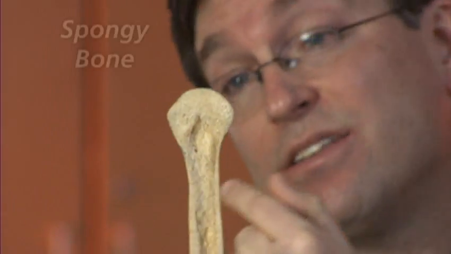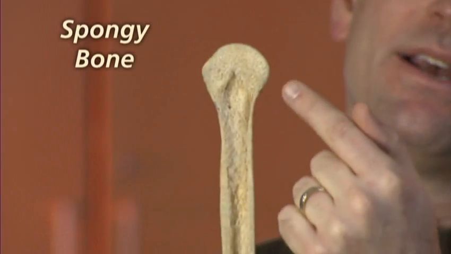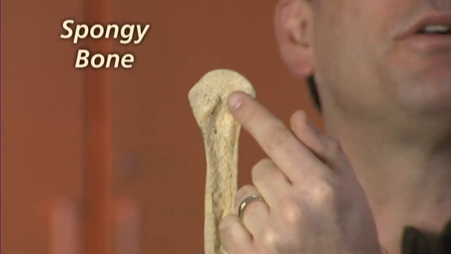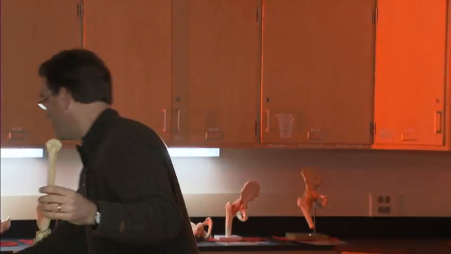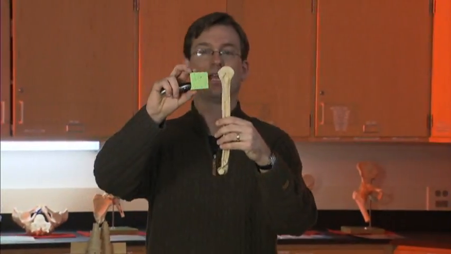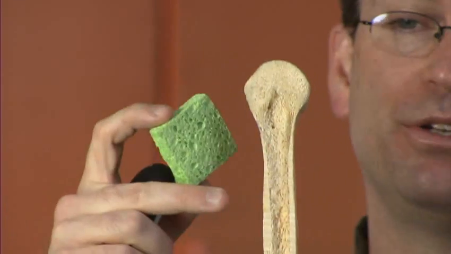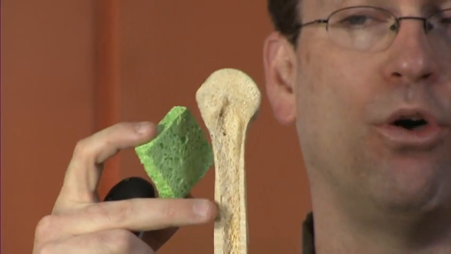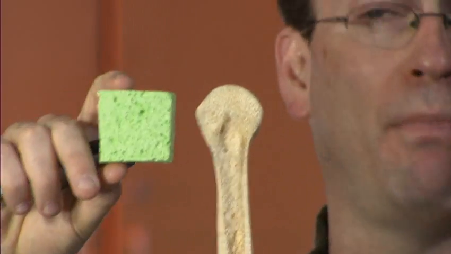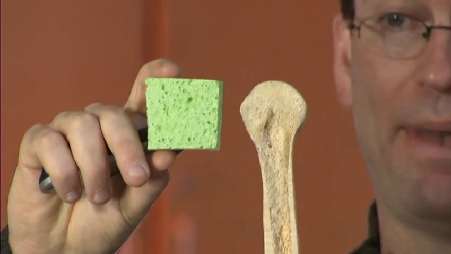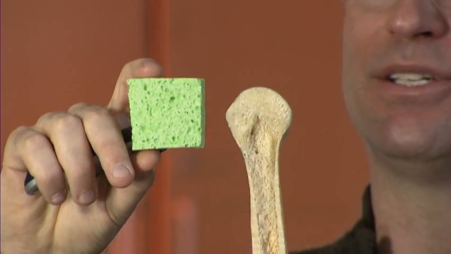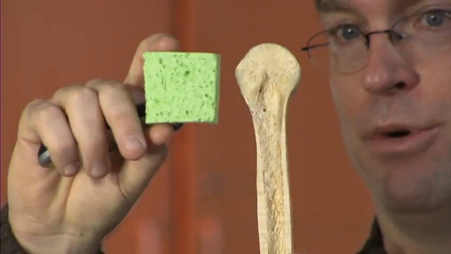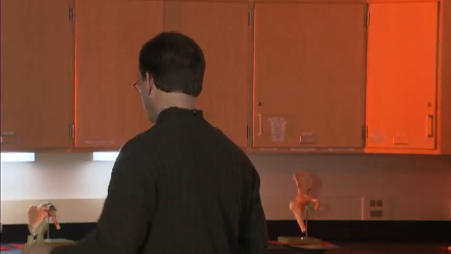If I look at the end of the bone called the epiphysis, then I see a different type of bone called spongy bone. And so this one's very, very porous, like a sponge, as opposed to the bone that you find in the wall of the diaphysis, which is much more compact, much more dense. And so that's a little analogy to remember your spongy bone.